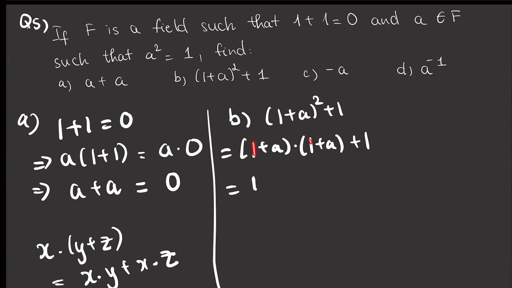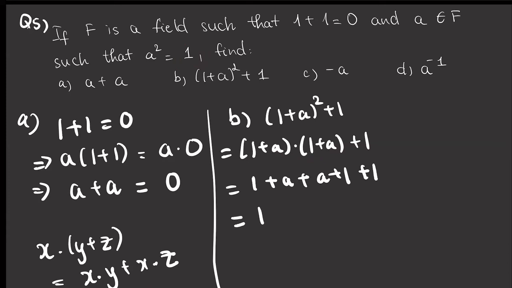So 1 times any number is the number itself. And then 1 times A is A because 1 is the multiplicative identity. A times 1 is A here. And A times A is 1, given here. And then I just add the 1 outside the bracket that is left.